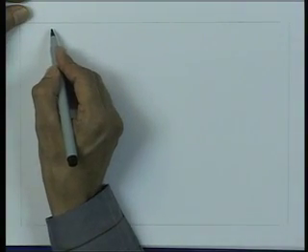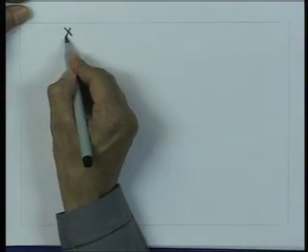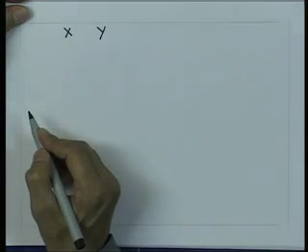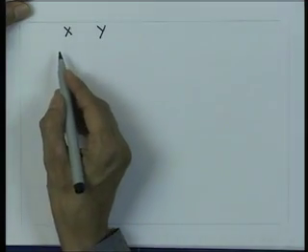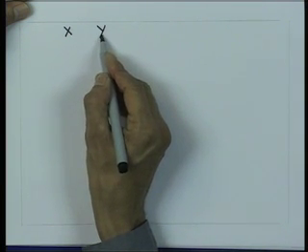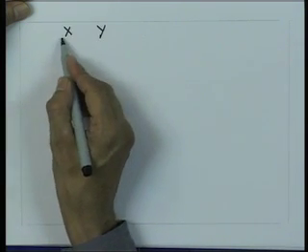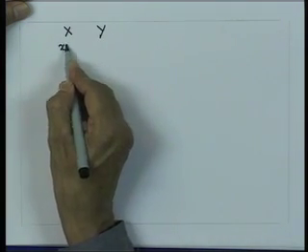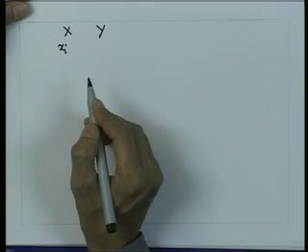Let us look into the definition of conditional information measure. To understand this, let us assume that I have two probabilistic experiments x and y, and I am interested in the amount of information with regard to y under the condition that outcome xi has already occurred.